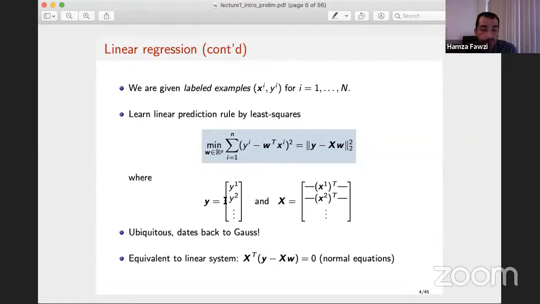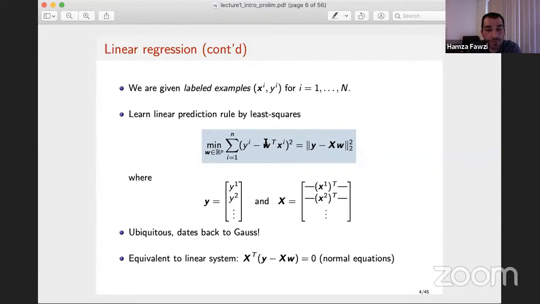As I said, the simplest approach is just to do what we call least squares. You're trying to find the vector W that will minimize the overall error on the labeled examples. Here we measure the error as the sum of squares of the deviation of yi, which is the true response variable for example i, minus w transpose xi.